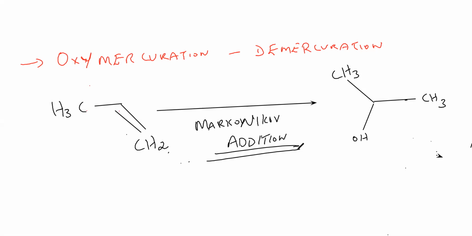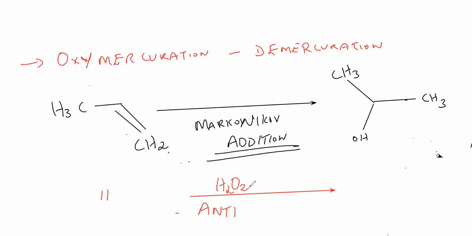Fine. Same thing. If I want to take anti-Markovnikov, I'll just do the same thing. This is the Markovnikov addition. Same question, if I want to do the anti-Markovnikov rule, the product will change. This is the same, but the only thing is anti-Markovnikov addition. Hydrogen peroxide, H2O2.